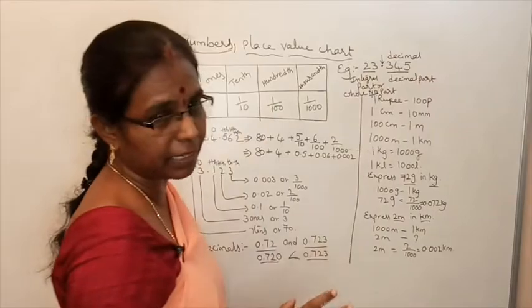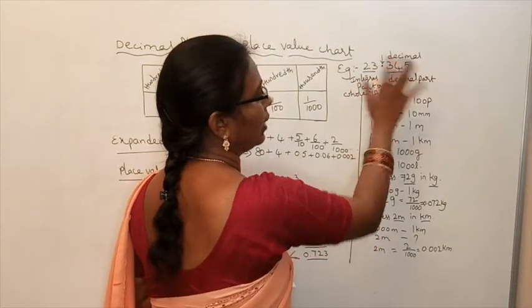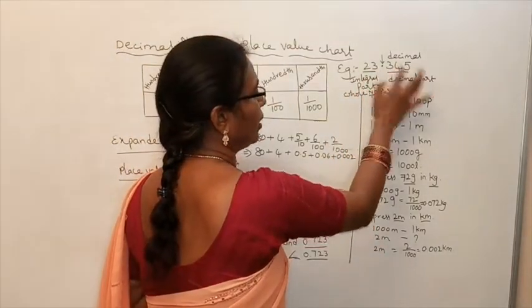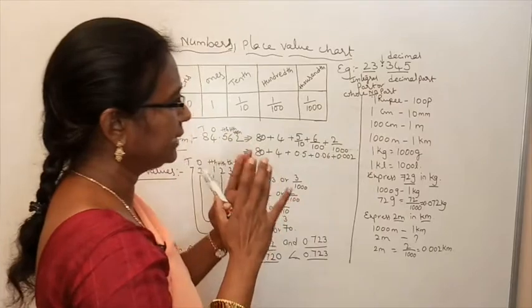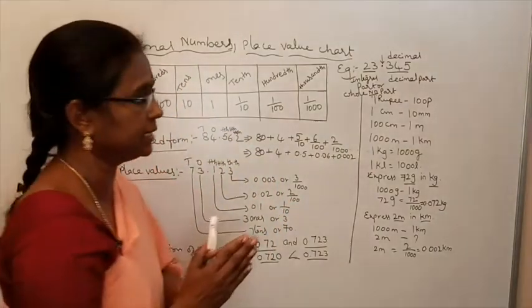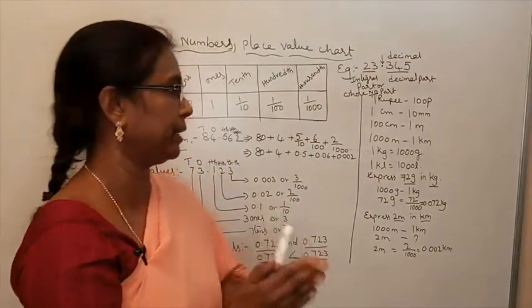Then how to read the total decimal number 23.345? When you read the integral part or whole number part, you have to read the digits together. But when you read the decimal part, you have to read the digits separately.